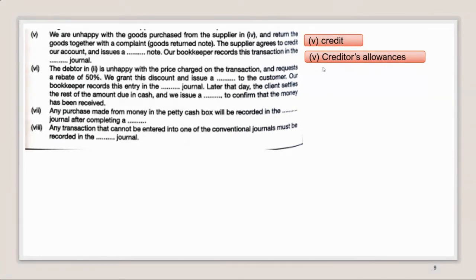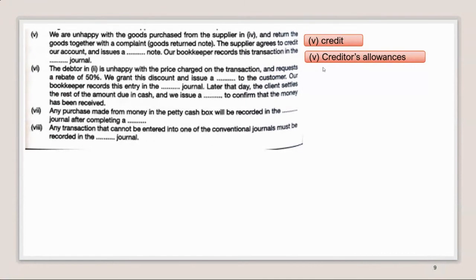Okay, then number 6. The debtor in number 2 was unhappy with the price we charged on the transaction and requests a rebate of 50%. Now, a rebate is basically a discount. We grant this discount and issue a what to the customer?